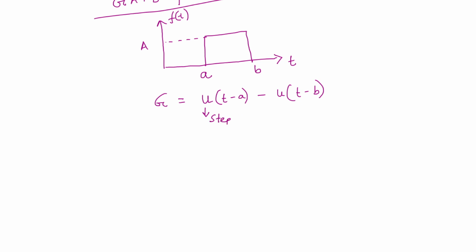That means it is the subtraction of two step functions. Why, you can understand. Suppose one step function is generated, which is u(t minus a). Let us say the magnitude is A.